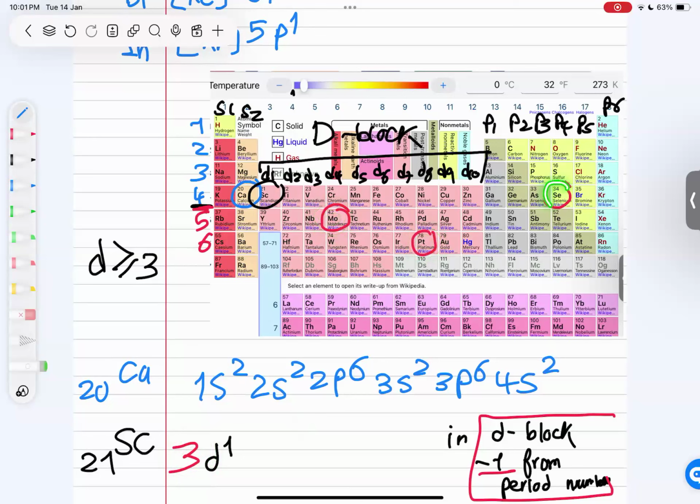If I have something in the P block here, after that I will go back to my regular numbering. It will be 4P.